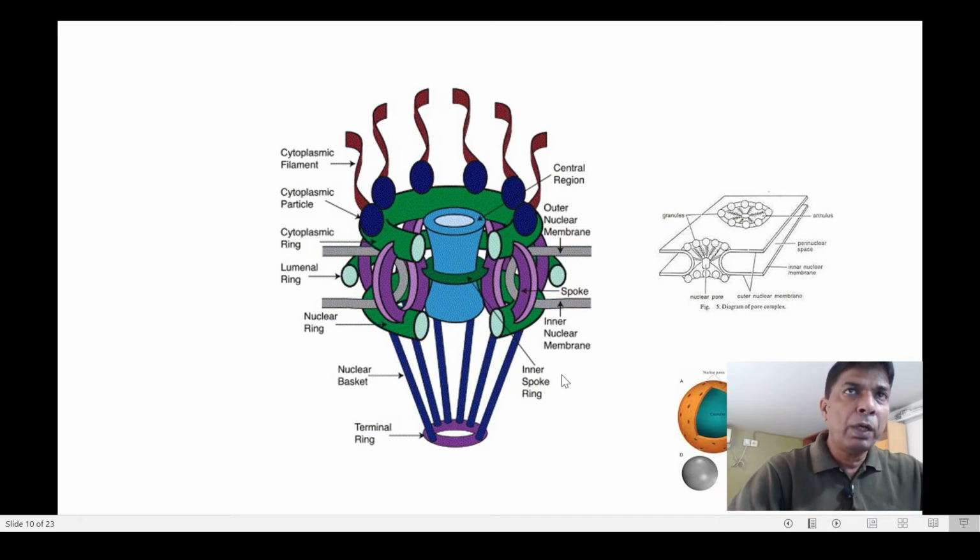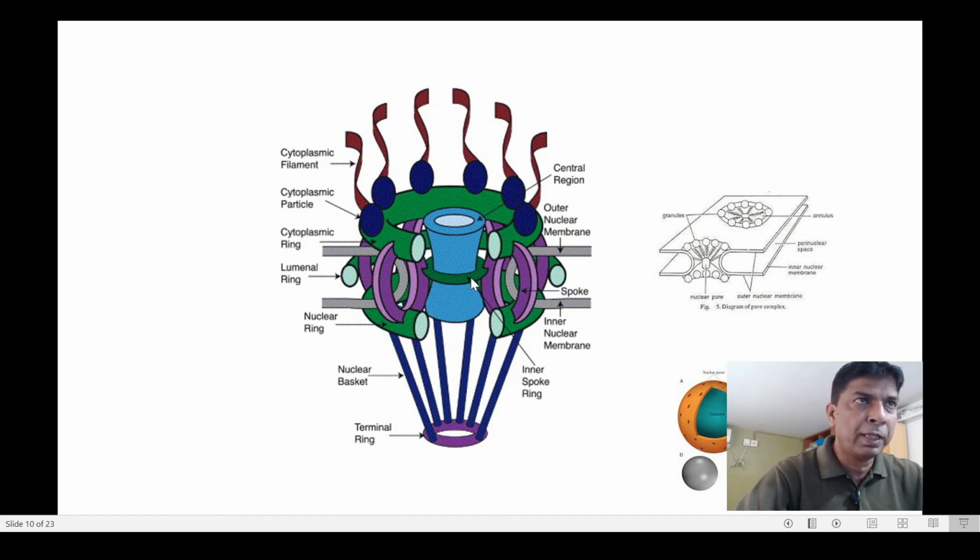If you look inside, you will find it looks like this. There are cytoplasmic filaments, cytoplasmic particles, the cytoplasmic ring, the central region, then the spoke between the outer nuclear membrane and the inner nuclear membrane, and there is the inner spoke ring here.